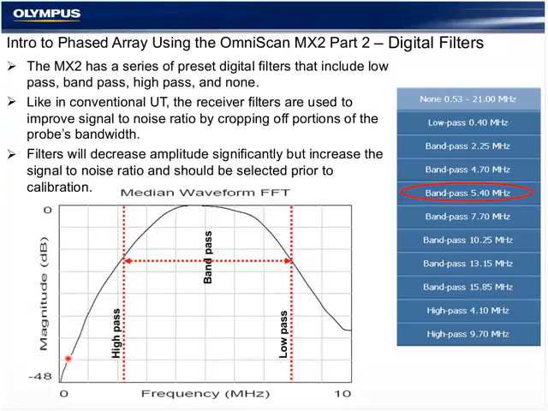Here we see basically a 5 megahertz center frequency of a broadband probe. In this particular filter, we're going to see crops from about 2.5 or 3 megahertz to about 7.5 or 8 megahertz. So we're using the most useful range of the probe, and a no filter would be using the entire bandwidth.